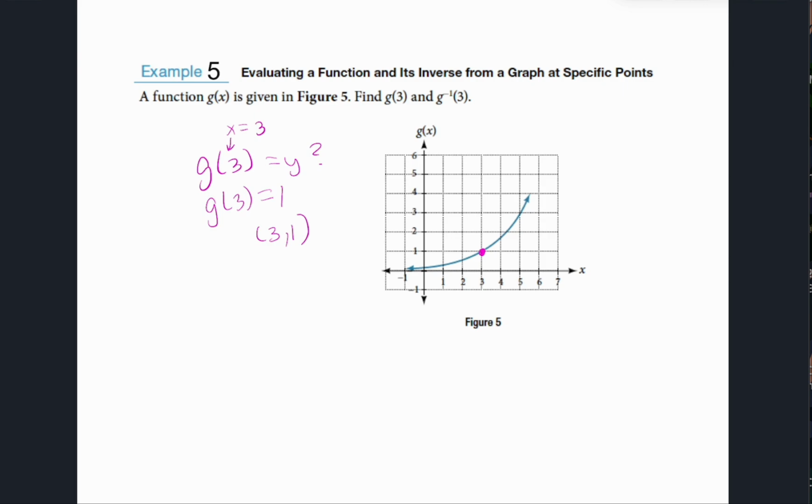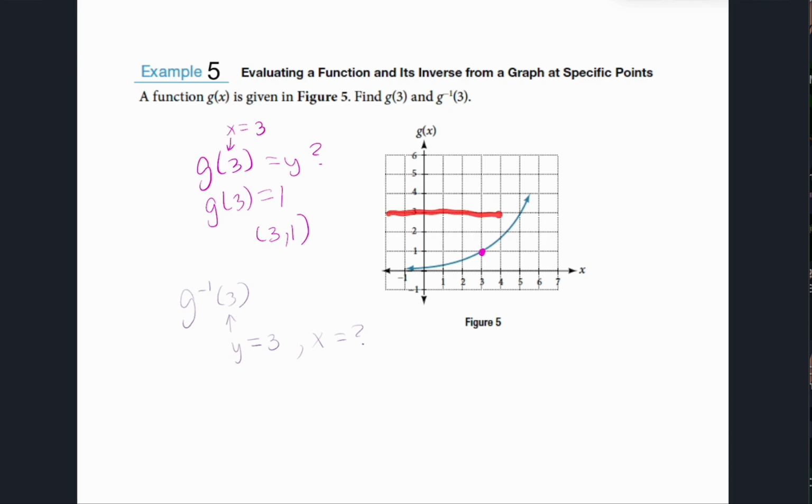But if we do the inverse, so if we're doing the inverse at 3, that means something different. This means at a y of 3, what is our x? So if we have the original function, where does it have a y value of 3?